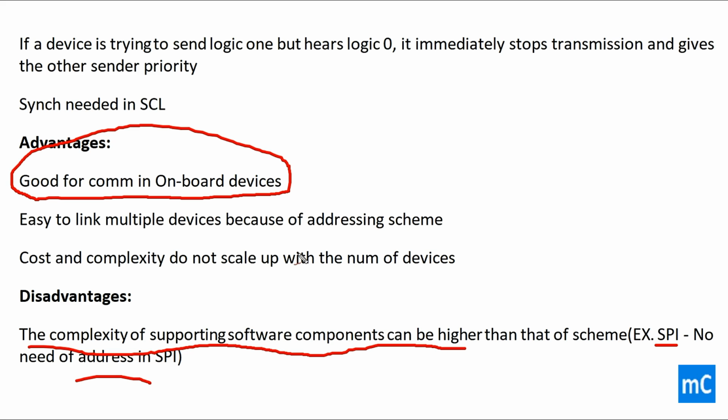Earlier they did not have any other communication options like CAN, so many of the older systems use I2C. Nowadays, CAN is introduced, which prevents some of the disadvantages of SPI and I2C.